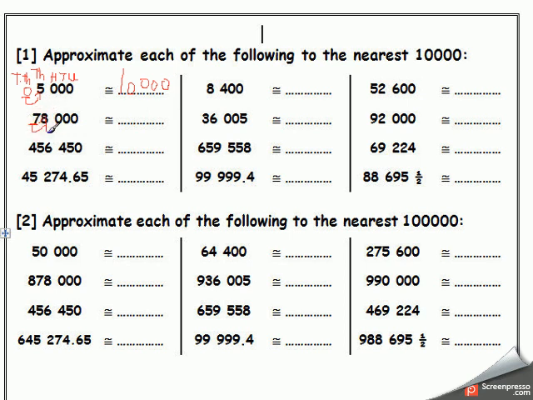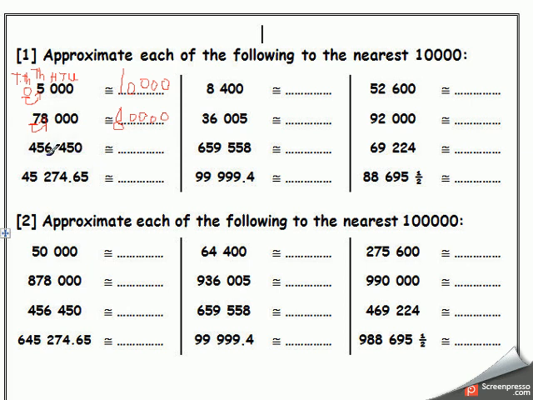The previous digit is 8. 8 is strong, so I replace units by 0, tens by 0, hundreds by 0, thousands by 0, and the 10,000 will be increased by 1, becoming 8. So 78,000, when I approximate it to the nearest 10,000, will be 80,000.